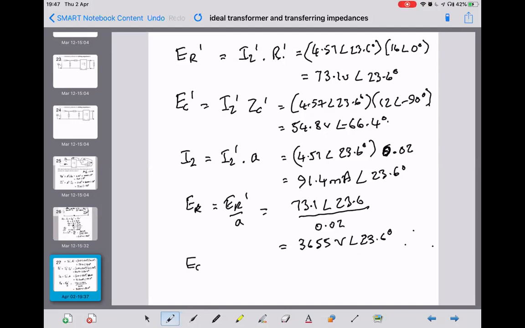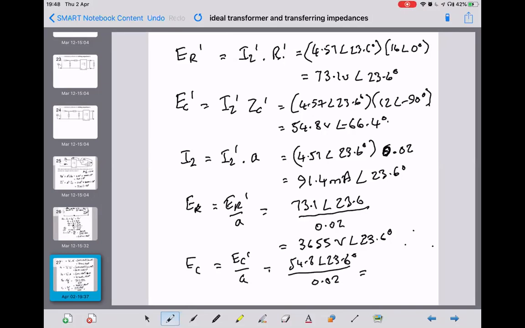And EC is equal to EC dash over A, which is 54.8, angle 23.6, over 0.02. I don't have the answer to that on my sheet. You have to do that one for me, Larry.